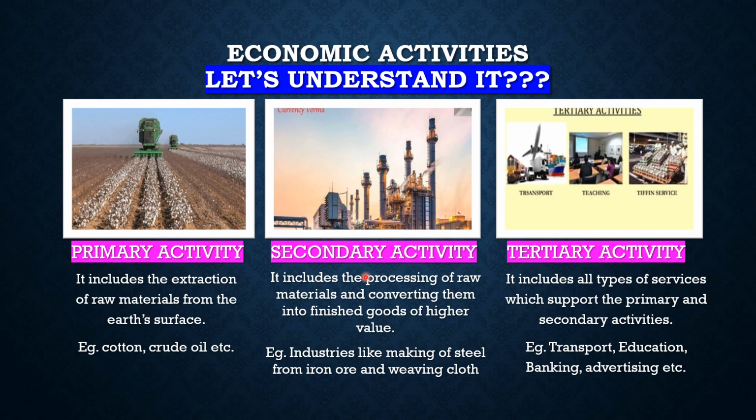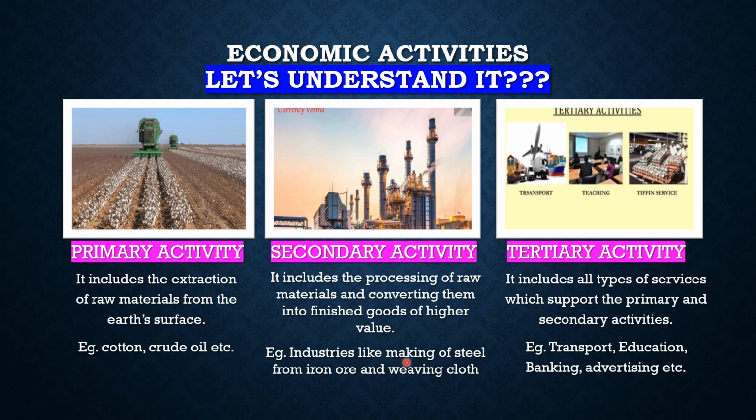Similarly, now secondary activity. Once we are done with the primary activity, we move to the secondary activity, and it includes the processing of raw materials and converting them into finished goods of higher value. Now, once we produce the raw material like cotton, what would be done for this cotton?